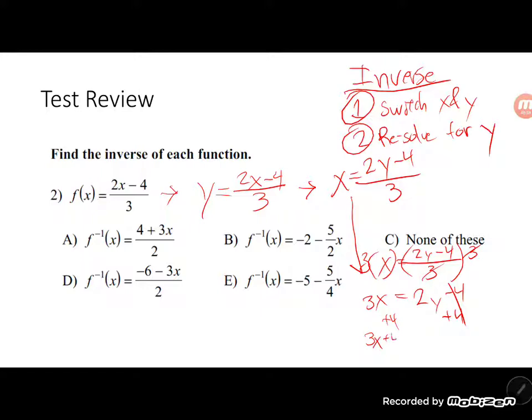So we have 3x plus 4, which is equal to 2y. And then I can go ahead and get rid of the multiplication of 2 by dividing by 2. Remember, everything on this side has to get divided. And so that's going to give me y is equal to 3x plus 4 divided by 2.